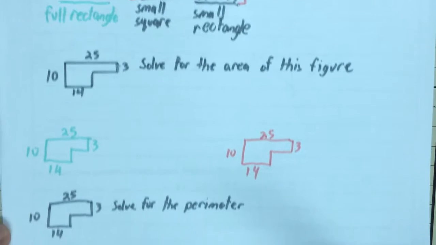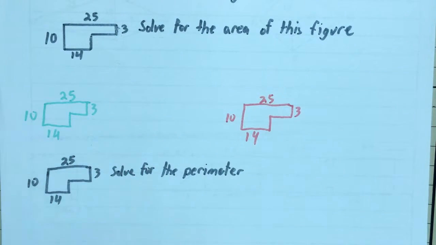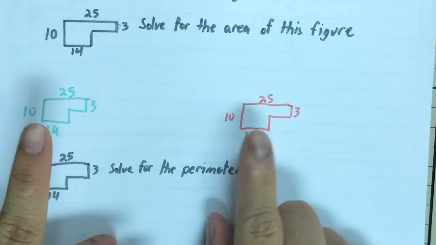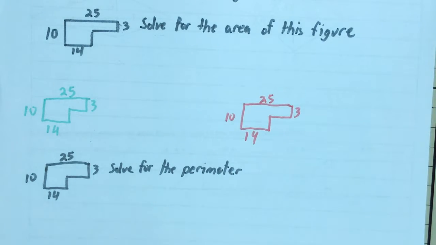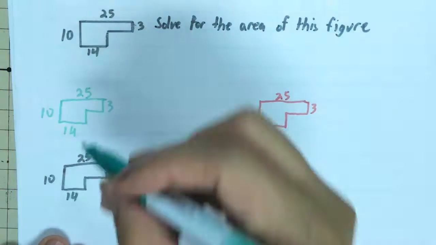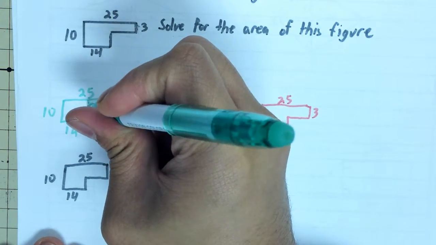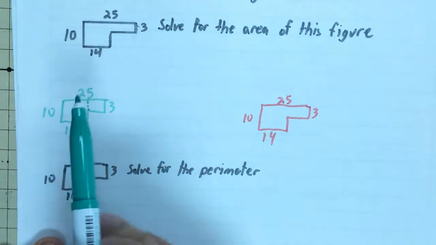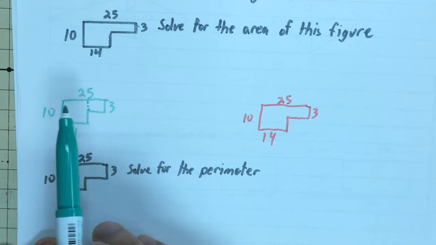Now let's take a look at this problem. Solve for the area of this figure over here. Now there are two ways to approach this problem. And I'll do one in green and the other in red. The way in green is by separating this into two shapes. If I draw this line right here, we now see a left rectangle and a right rectangle.